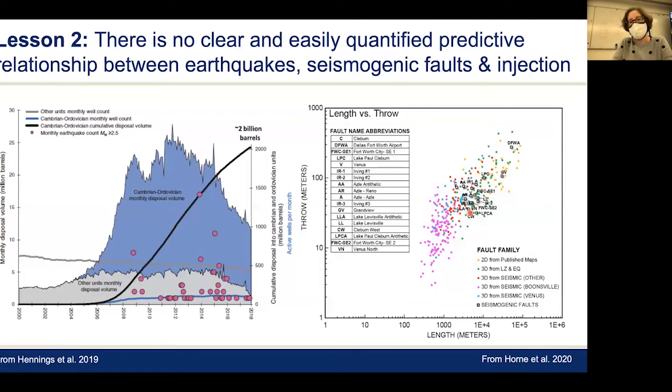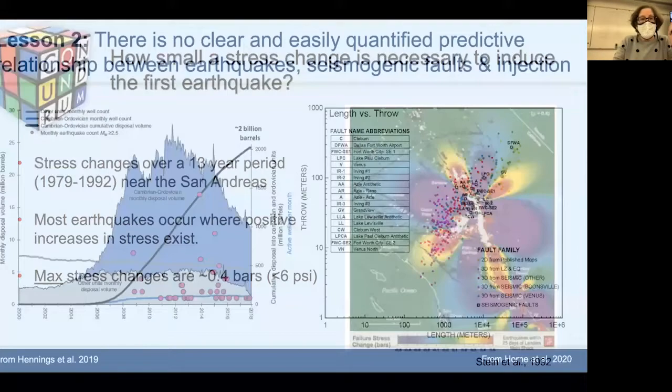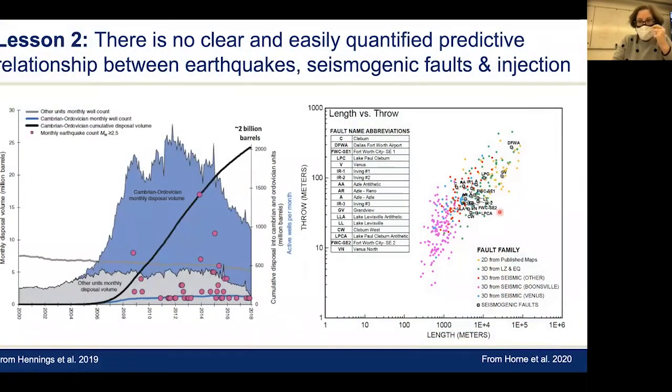And you can see that there are faults that have higher throw and are longer that have not generated earthquakes. And there are lots of faults that are smaller with less throw, less length that have also not generated earthquakes, right? The seismogenic faults just kind of fall in the middle of this distribution. They do look like they cluster though, right? I mean, yeah, they do cluster. And then the colors are where the source information is.